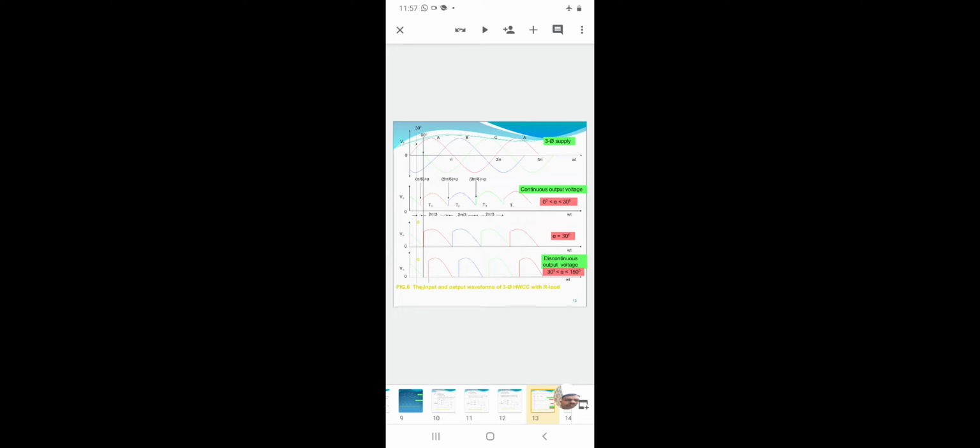The output voltage is discontinuous when alpha is greater than 30.